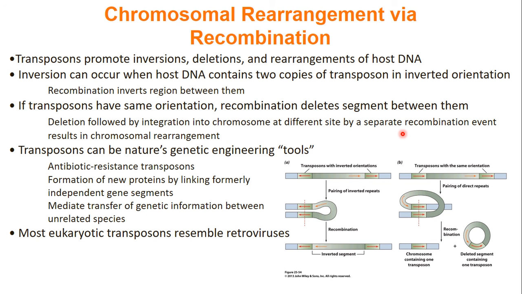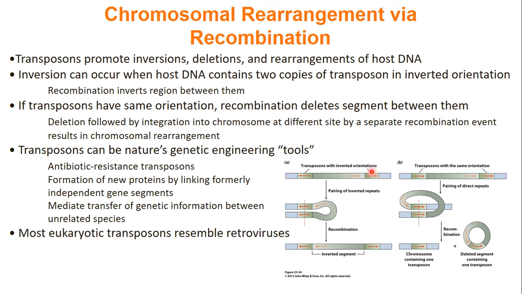Now, when using a transposon, you can also have inversions, deletions, or rearrangement of the host DNA happen. Let's say you have a transposon and the transposable elements are pointed in different directions.